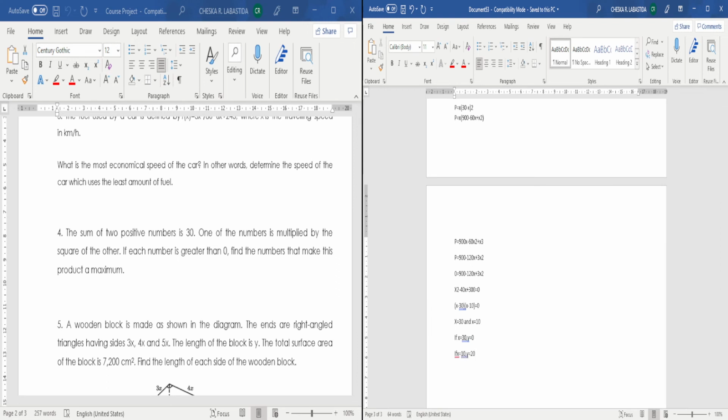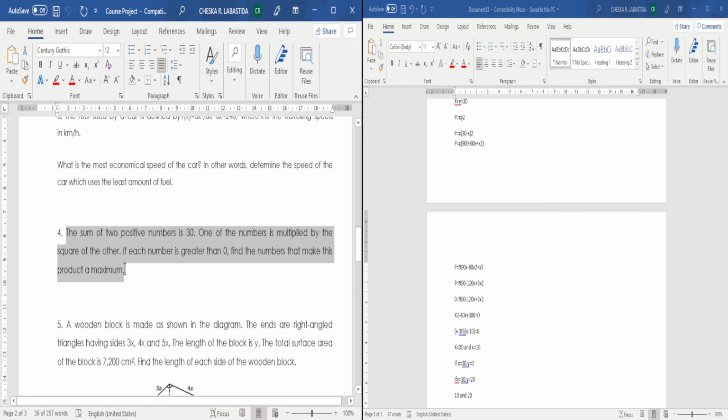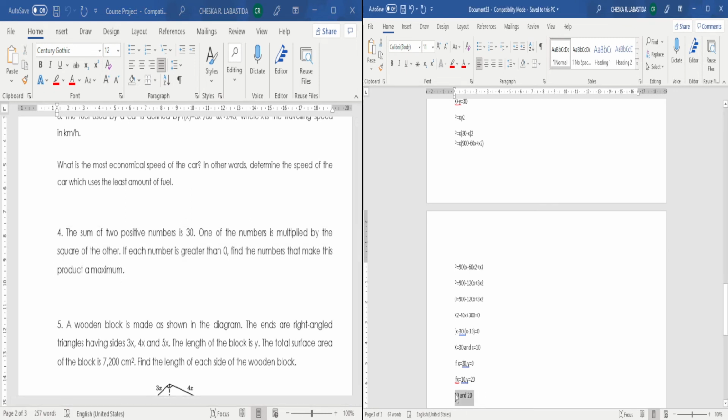So the two numbers should be greater than 0. Therefore, the only acceptable solution is 10 and 20. So yeah, that's the only acceptable solution for that.